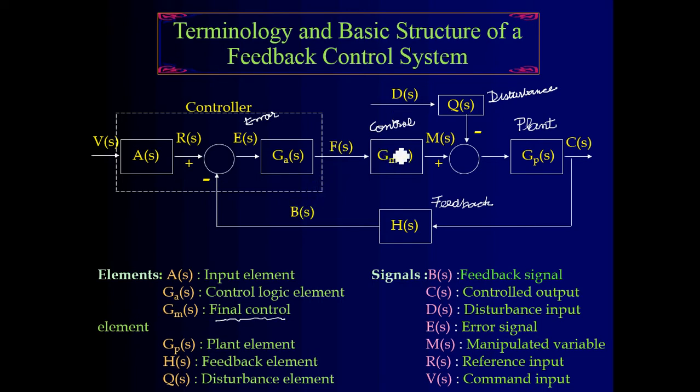So our focus is going to be here on this block, because this is the heart of the control system. This is the one that, based on the error that we have, is going to take action. So this is the one that can be proportional control, derivative control, integral control, PID control, all that stuff.